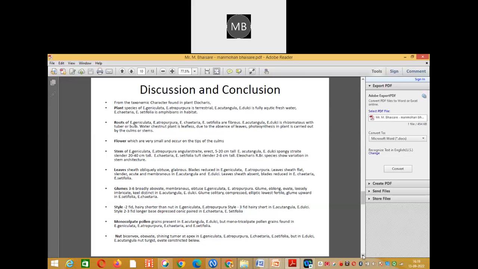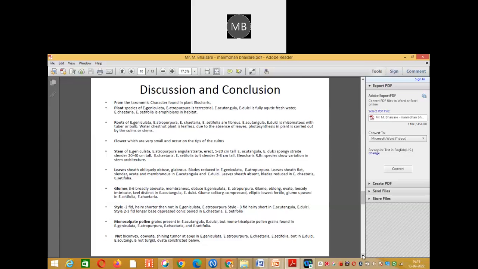The water chestnut plant is leafless due to the absence of leaves. Photosynthesis in the plant is carried out by the culm and stem. Flowers are very small and occur on the tip of the culm. The stems of geniculata and atropurpurea are triangular, straight, erect, 2 to 20 cm tall.